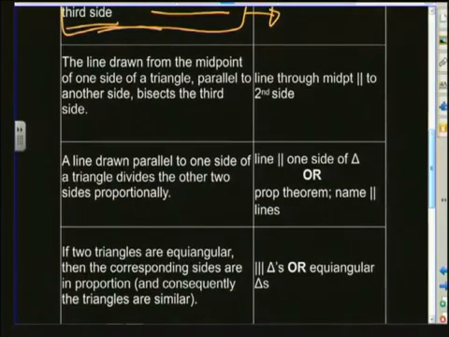The next one: the line drawn from the midpoint of one side of a triangle parallel to another side bisects the third side. That's your theorem statement, and your acceptable reason would be line through midpoint parallel to second side.